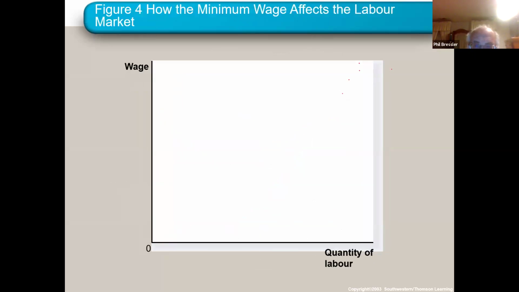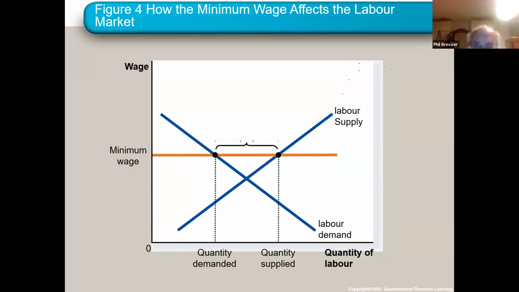Okay. Now, to do a minimum wage, just know where the surplus is, unemployment, right? Because say quantity supplied is 100 workers and demand is 50. That means 50 people are working, 100 people want jobs, 50 people are unemployed.